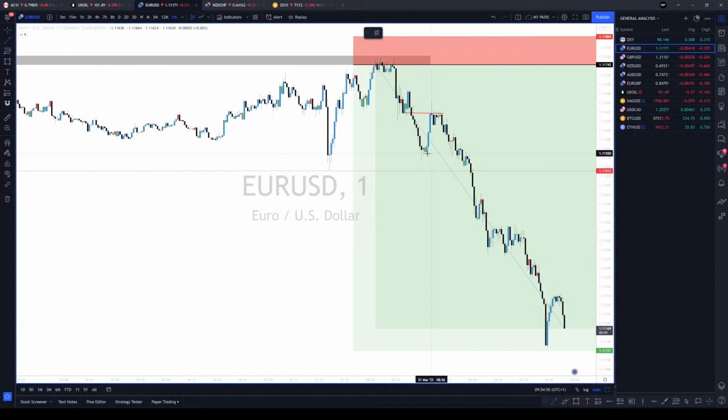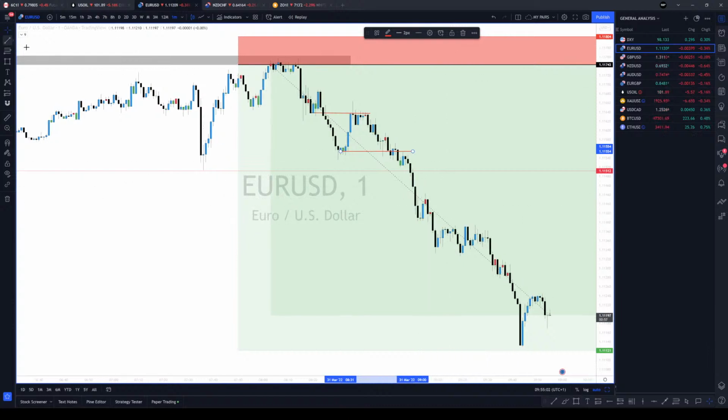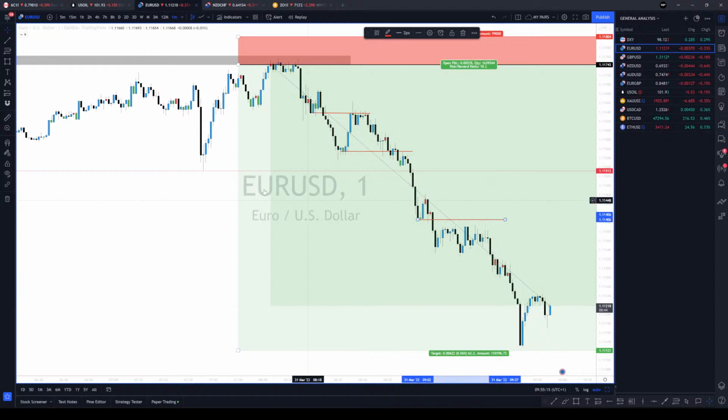So here price goes all the way up and then it breaks it, the last down candle, you want to sell the pullback to that. So same thing here, preferably you want to see one candle break it. Okay, preferably you want to see one candle break it, like this one here, and then you want to sell that pullback into it.